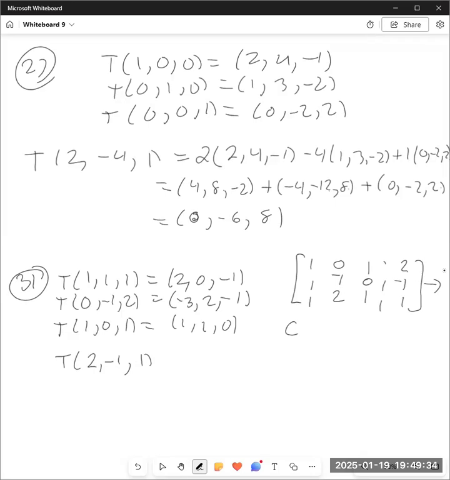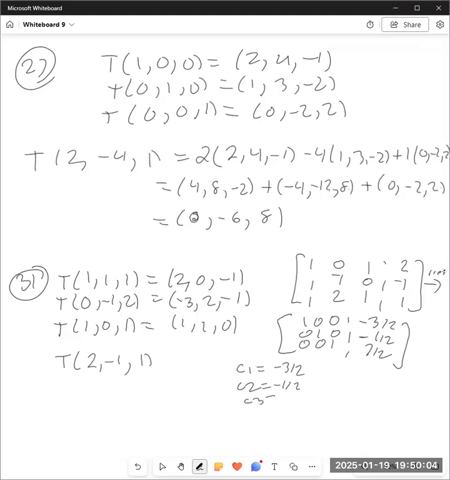It tells me that when I RREF this, I get the identity matrix augmented with -3/2, -1/2, and 7/2. So C1 is equal to -3/2, C2 is equal to -1/2, and C3 is equal to 7/2.